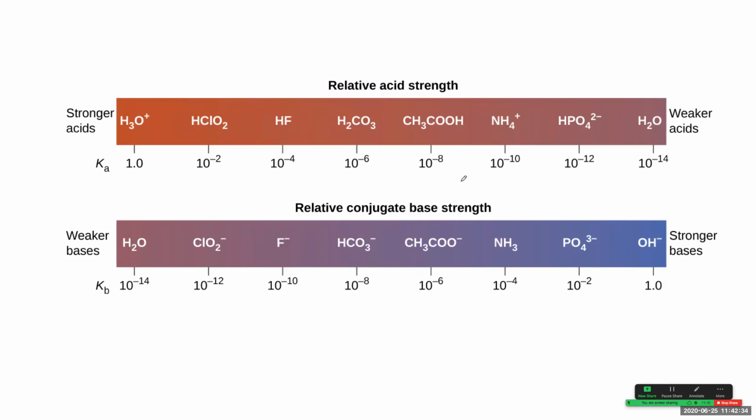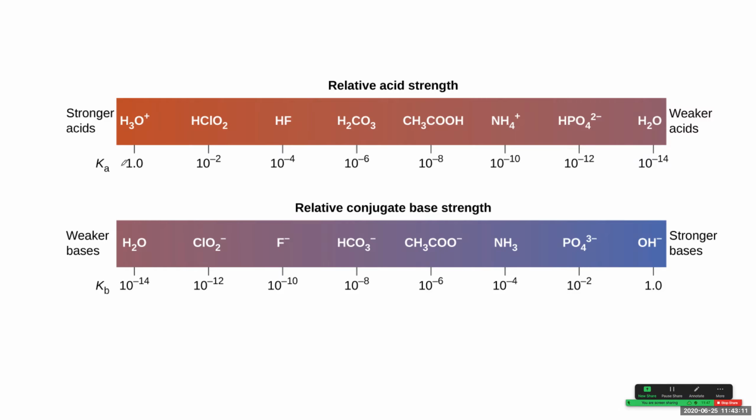Here's a table that shows the relative strength of acids. This scale is based on H3O plus. H3O plus is a pretty strong acid, kind of in the middle of the scale. So the Ka of H3O plus is given as 1. Here's chlorous acid, hydrofluoric acid, and this is the relative acid strength.